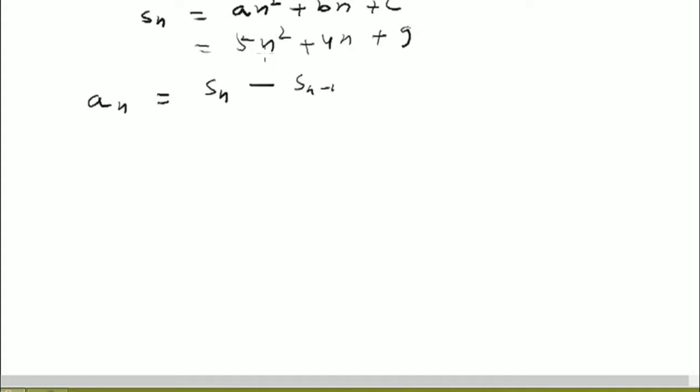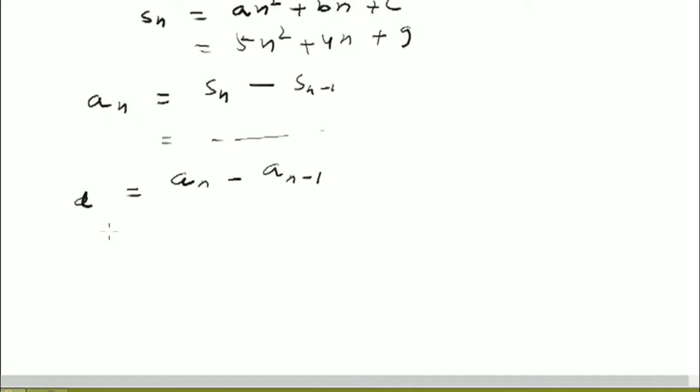If we get the nth term and we find the difference between two consecutive terms, which is an minus an minus 1, if it is somehow coming out to be constant, that means the series is guaranteed in AP, because the difference between two consecutive terms is constant.